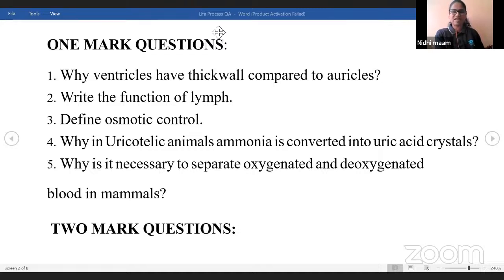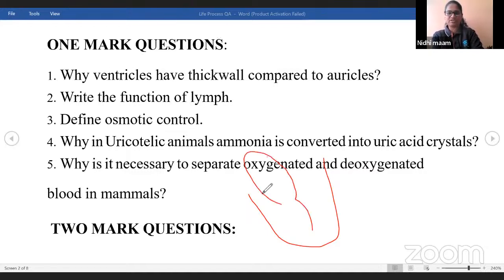Why do ventricles have a thick wall compared to auricles? When we consider the vertical section of the heart, we have 4 chambers, 2 auricles and 2 ventricles, right? From the auricles, the blood is pumped and it goes to the ventricles, right?